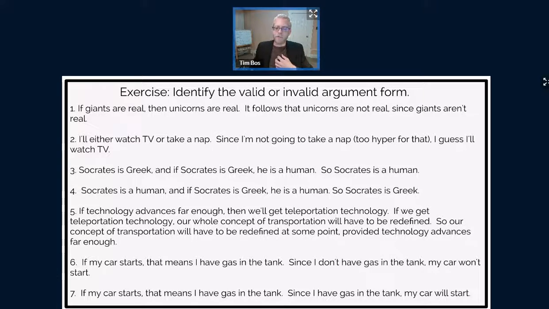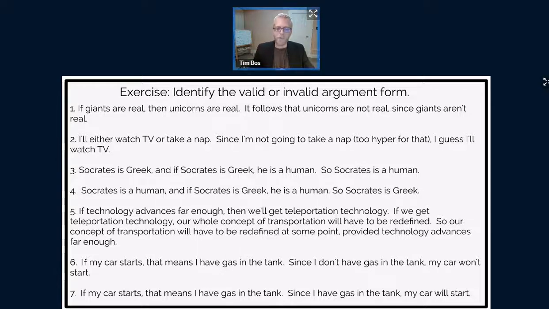So that means the first statement and the last statement are the premises, and unicorns are not real is the conclusion. Okay, is everyone following? So if I were to put it in premise conclusion format, it would say, if giants are real, then unicorns are real. Okay? Giants aren't real. Therefore, unicorns aren't real.